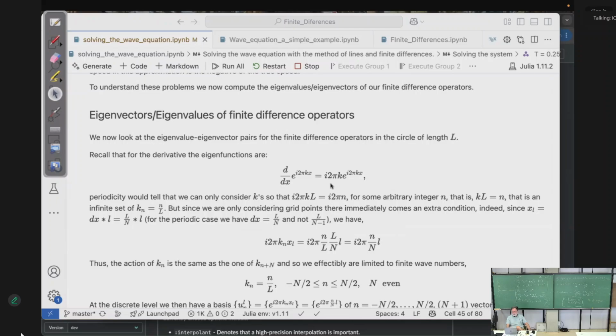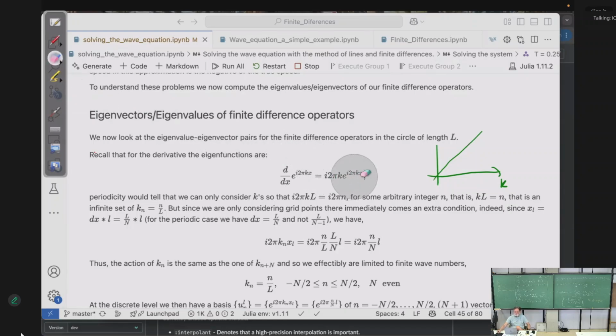So if we plot in k, this is just a straight line, 2 pi times k. Thus the dispersion relation is constant.